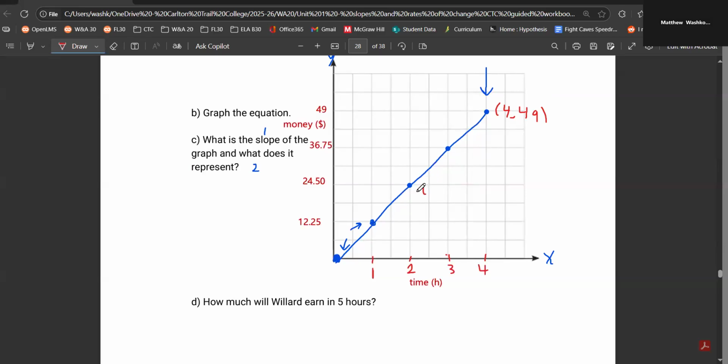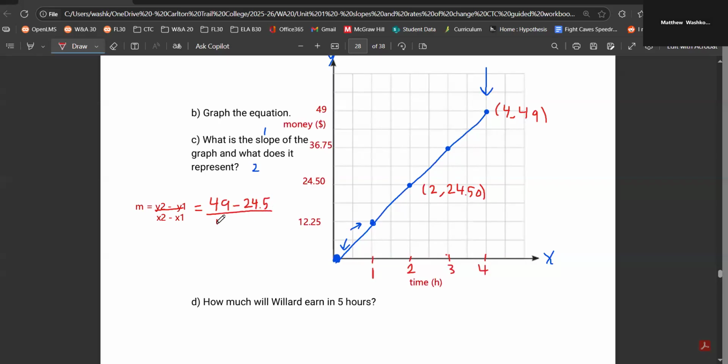It doesn't matter. My X is 2 and my Y is 24.5 or 50. Same thing. Right? Now I have 2 points. My M is equal to Y2 minus Y1 all over X2 minus X1. My Y2 is 49. My Y1 is 24.5.